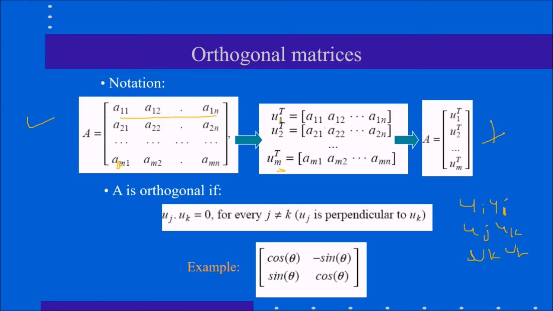That means this is perpendicular to the other one if they give you a 0 value. So uj is perpendicular to uk, that means they are orthogonal. They are giving you the dot product a11 times a21 plus a12 times a22, like this till a1n times a2n. So if you find the value to be 0, we say that these two are orthogonal.